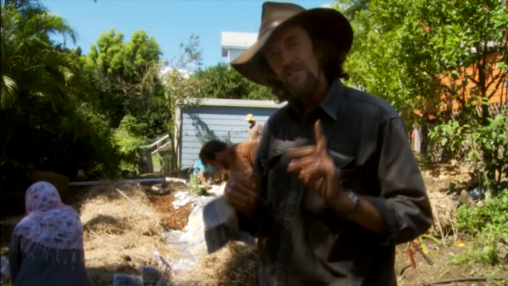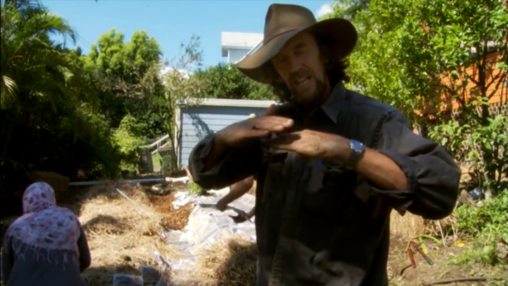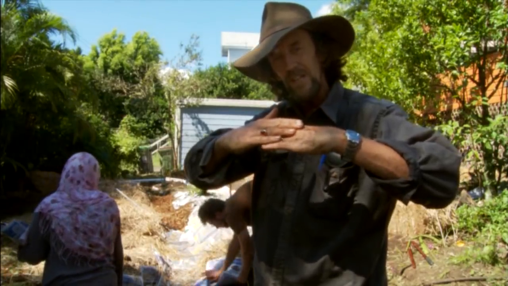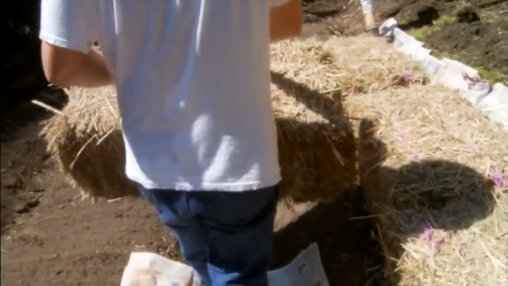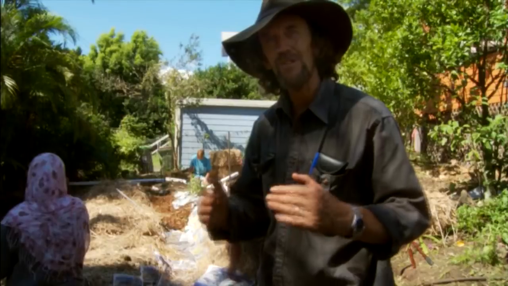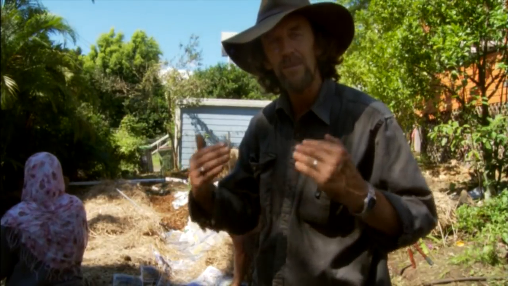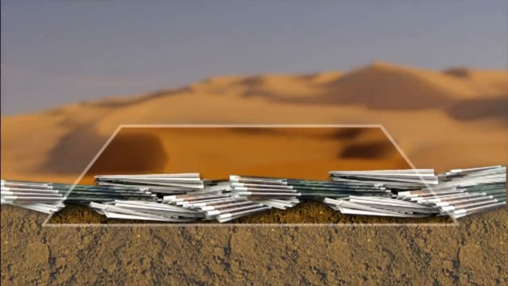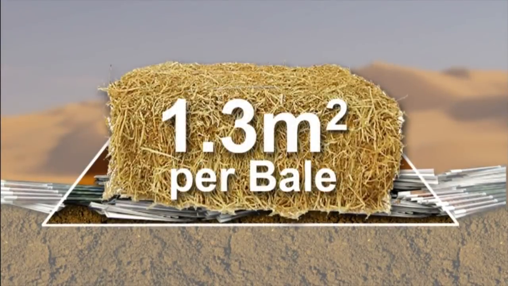Now, if you're not fussy about this, if you don't take up all the gap, make sure there's overlaps. Our golden rule here, in this moist climate, is Sunday edition newspapers, front to back cover, overlapped, minimum thickness. 1.3 square metres for one bale of straw for solid mulch.